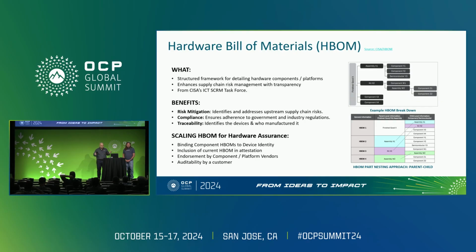It provides a framework, just like SBOM has a framework, that describes all the hardware components and their relationships to each other. And having that HBOM allows us to begin addressing that hardware supply chain security problem, right? Knowing what's in the system, knowing what's on the chip, what chip you have, gives you that capability to start scaling and being able to address that hardware assurance.